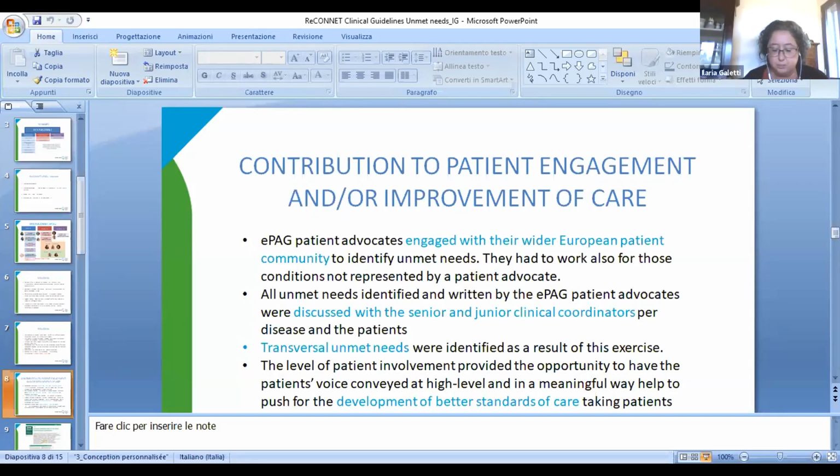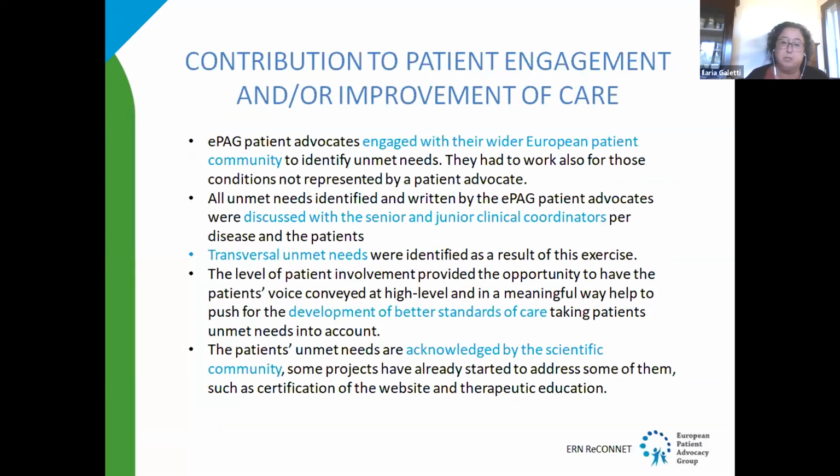So we had to search in our communities all over Europe and then select the unmet needs of patients for the 10 diseases. And it was very hard, as Charissa said, and it was also very interesting because when I compare an unmet need of a patient with systemic sclerosis living in Cyprus and the unmet needs of patients living in Norway, wow, there was a great difference.